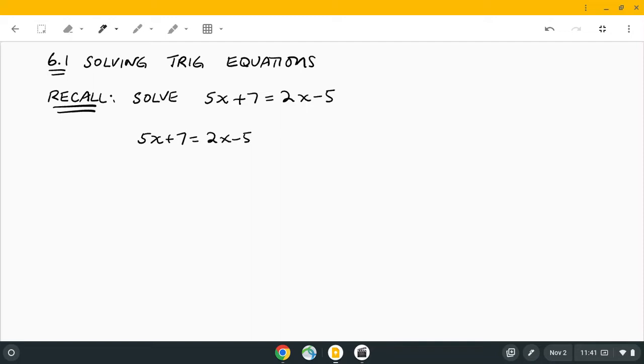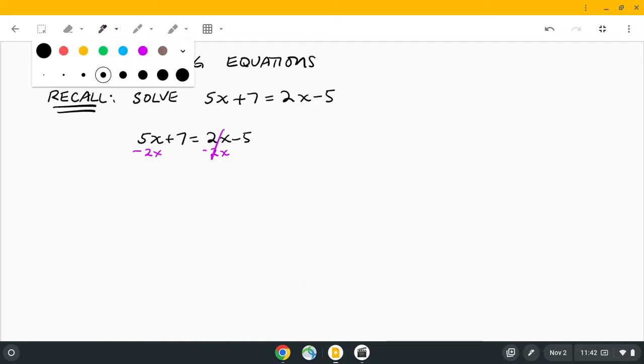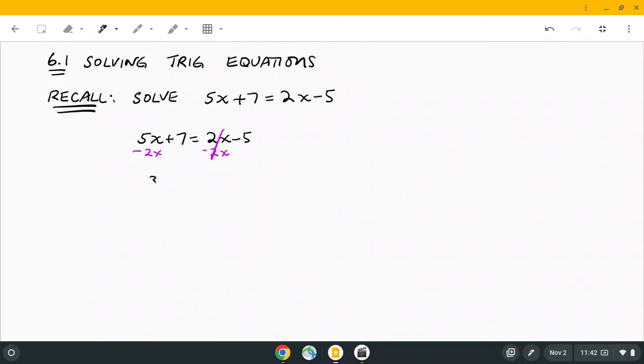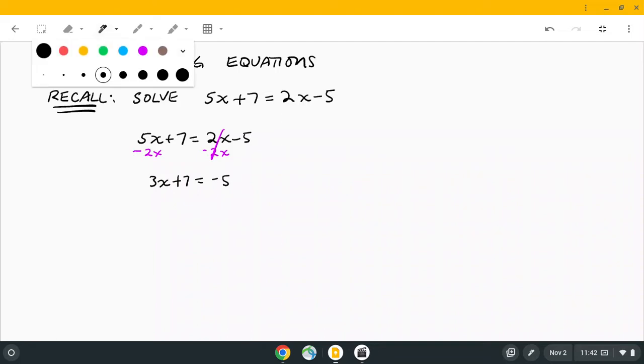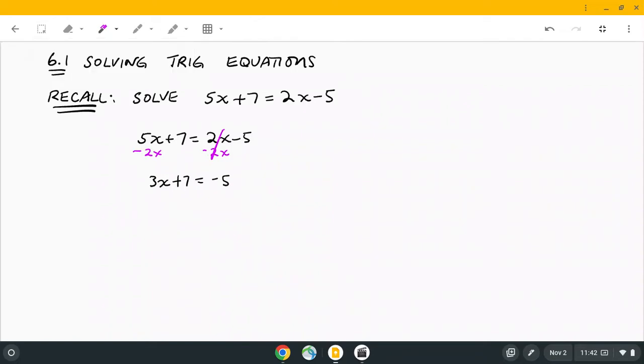For example, I would subtract 2x on both sides to cancel it out here. And so I would get 3x plus 7 on the left, and on the right I would get negative 5. And then I would try to isolate that 3x, so I would subtract 7 on both sides.